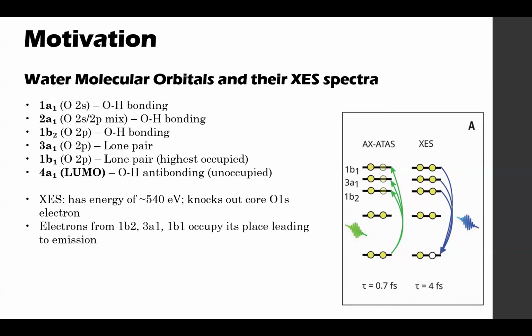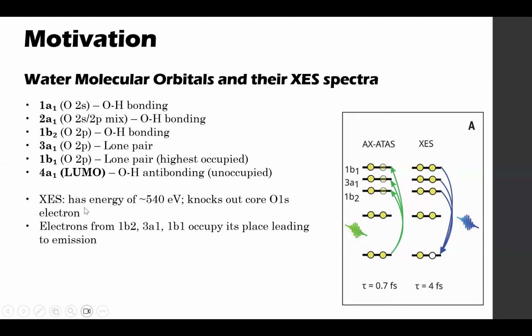Even under 1a1, we have the oxygen's core level, the 1s level, which doesn't participate in the molecular orbital formation, but is extremely relevant for this experiment. So mentioning that is important. Another molecular orbital that is relevant is the 1b1 molecular orbital.